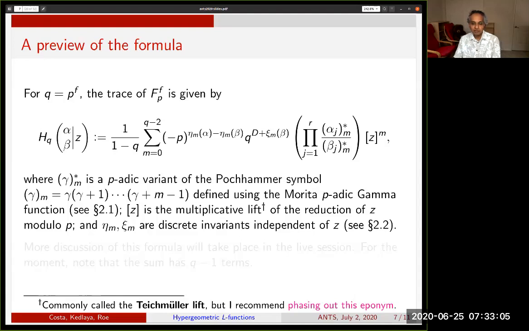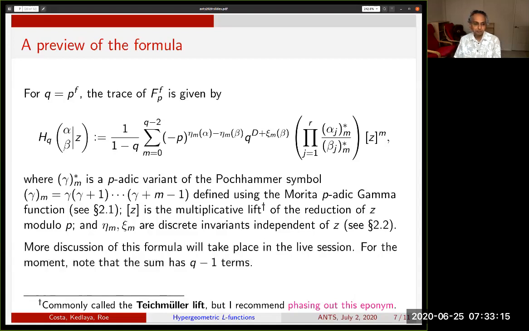And this is a certain p minus first root of unity. There's a unique p minus first root of unity whose reduction mod p coincides with that of z. So this is the only dependence on z. We will discuss the formula in more detail in the live session, but again, the key point to take away for the moment is that it's a sum over q minus 1 terms, where q is the power of the prime in question.